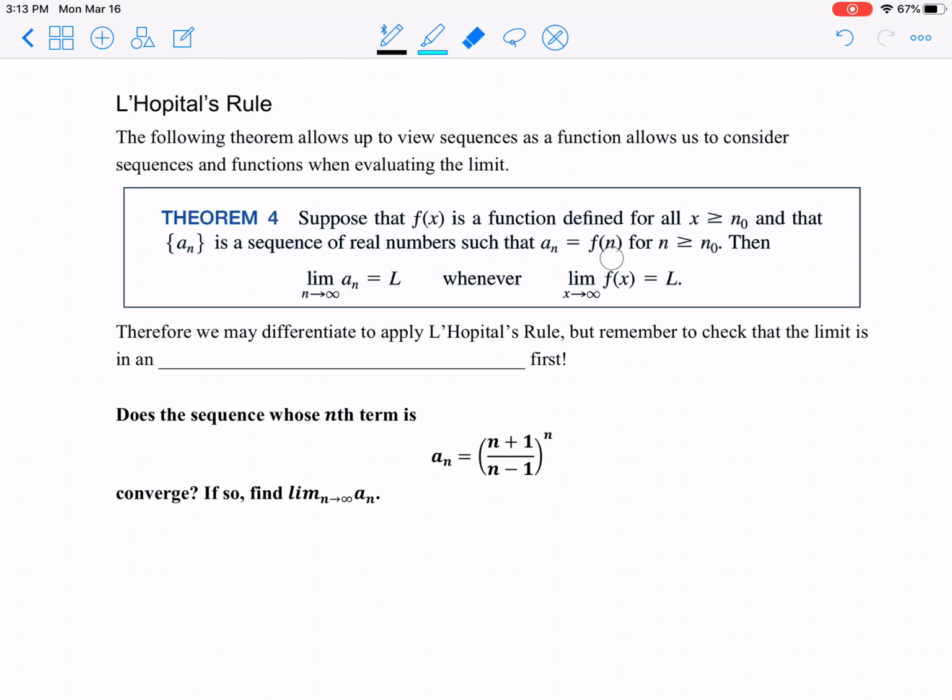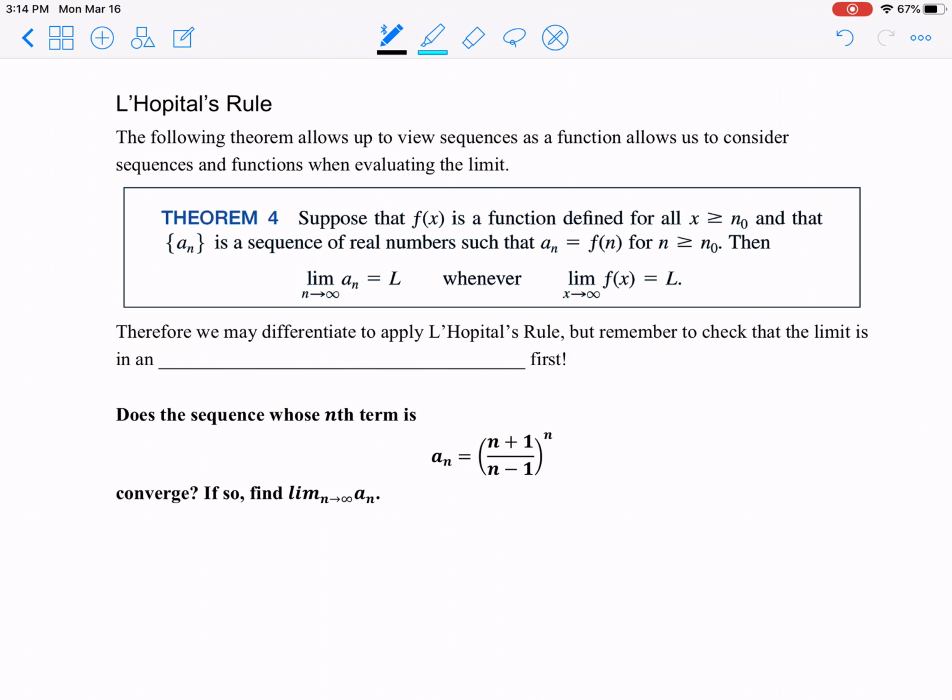And so if that is the case, we suppose f of x is a function defined for all x greater than or equal to n naught, and that the sequence a_n is a sequence of real numbers such that a_n equals f of n for n greater than or equal to n naught. Then the limit as n goes to infinity of a_n equals L whenever the limit of f of x as x goes to infinity equals L. So therefore, we may differentiate to apply L'Hopital's rule.